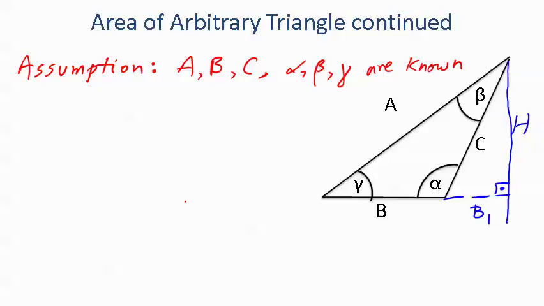Why do I make that assumption? Because from our previous analysis, given any minimum information, we could use the law of sines and the law of cosines and find all the angles and all the sides in a triangle. So considering that, let us proceed.